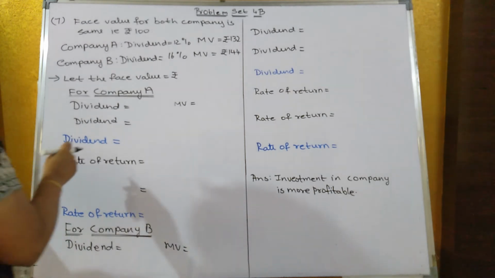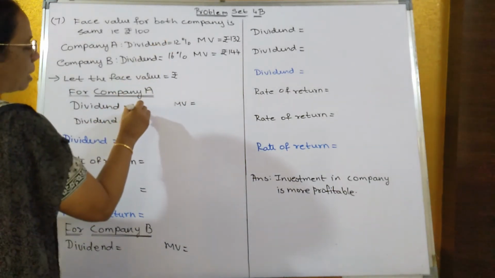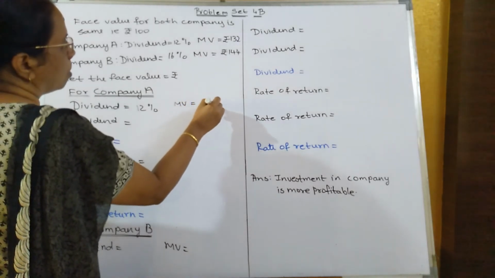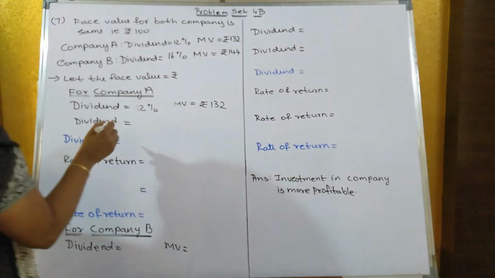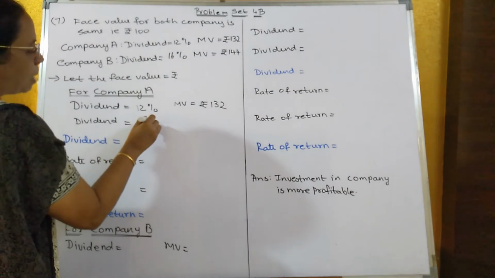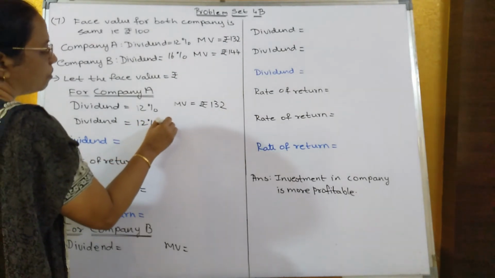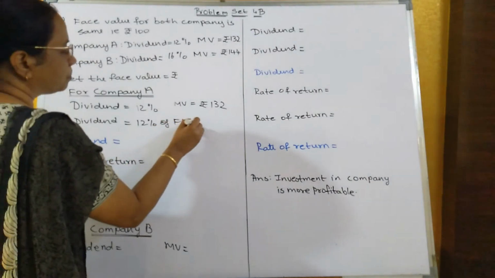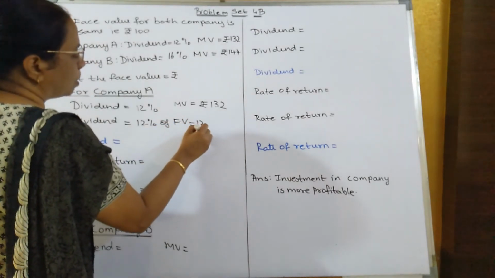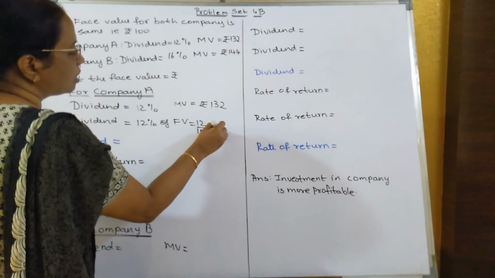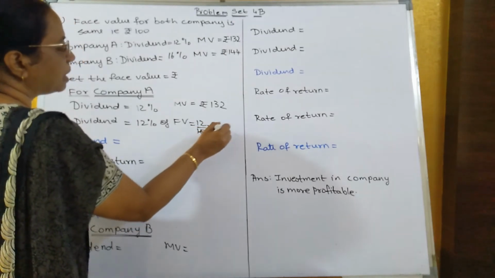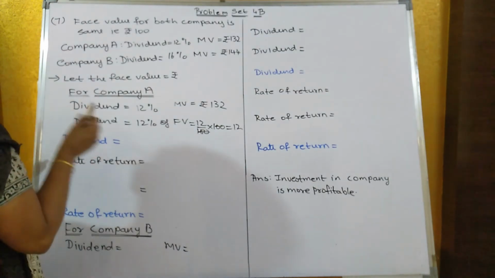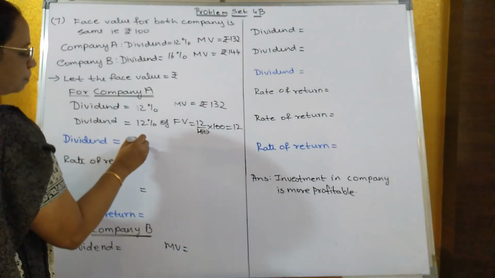For company A, dividend is 12% of face value, that's 12 upon 100 into 100. 100 and 100 will get cancelled. So dividend is rupees 12.